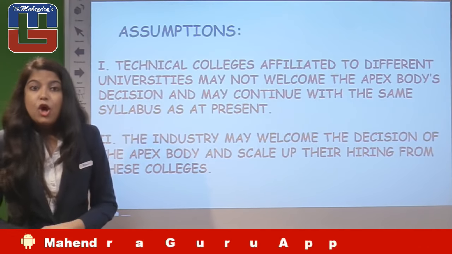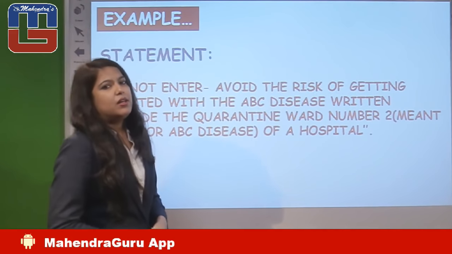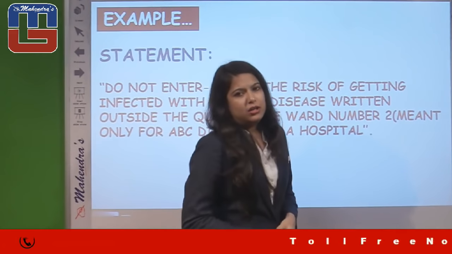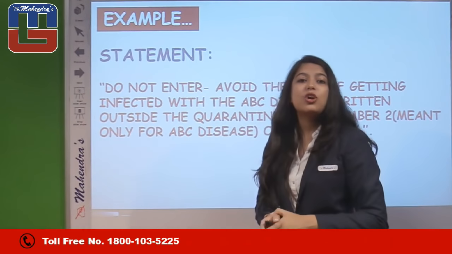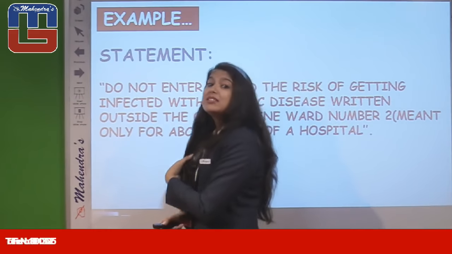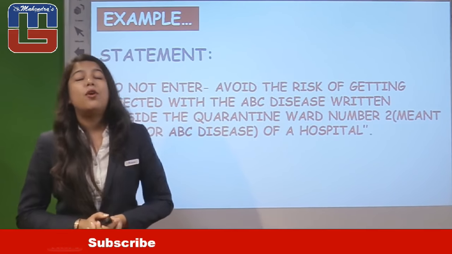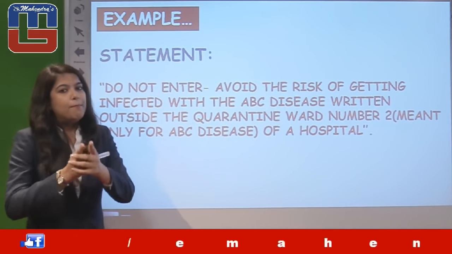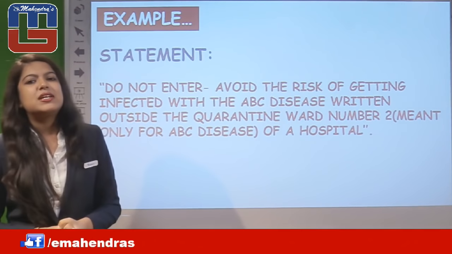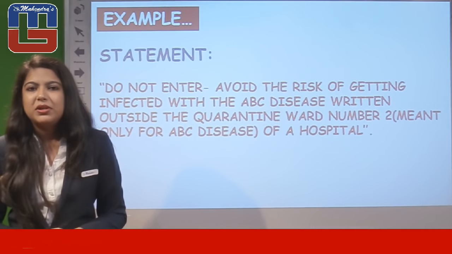Right? Moving on to the next example. Do not enter. Avoid the risk of getting infected with the ABC disease, written outside quarantine ward number 2. Meant only for ABC disease, of a hospital.